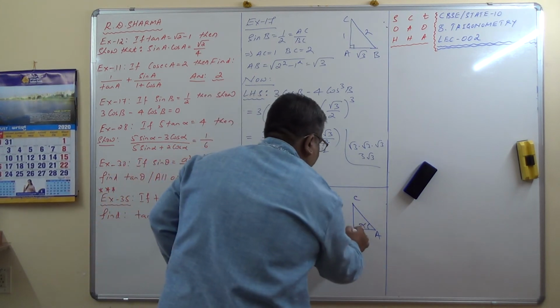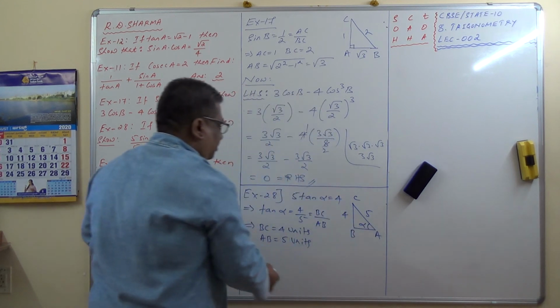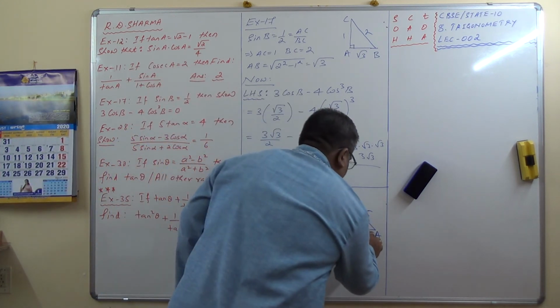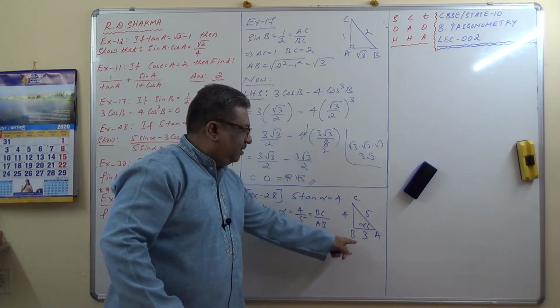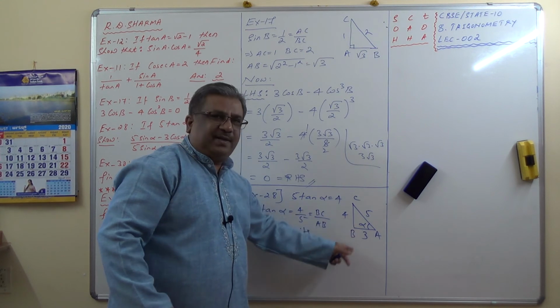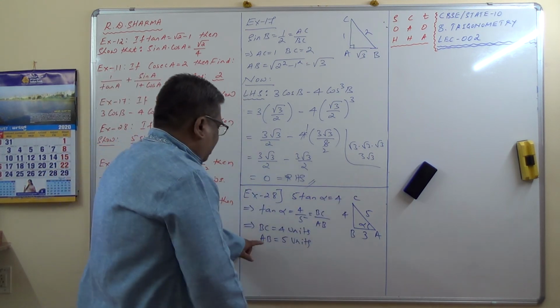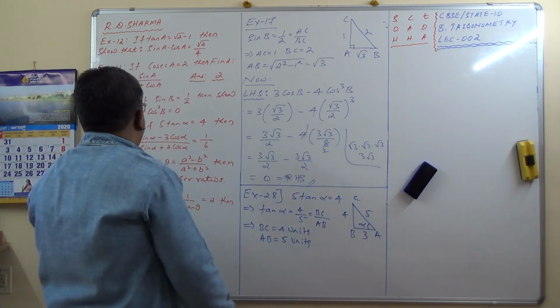So BC is 4 units, AB is 5. I am taking a shortcut: 3, 4, 5 are the Pythagorean triplets, and therefore this is 3 here. So I am taking a little shortcut here. We got all the 3 sides.